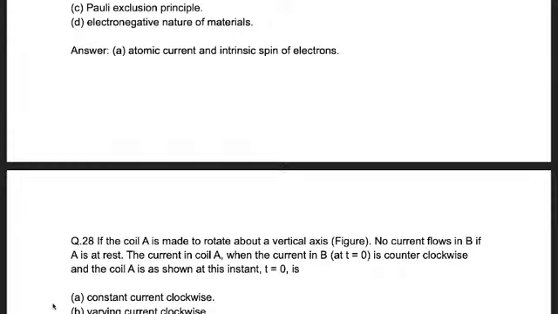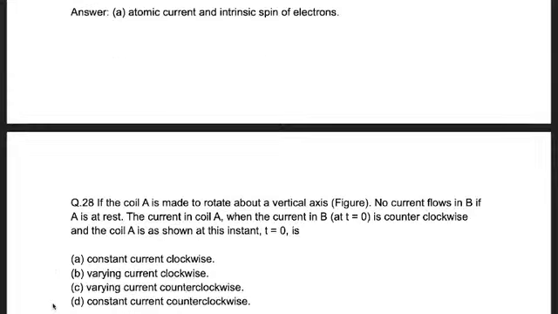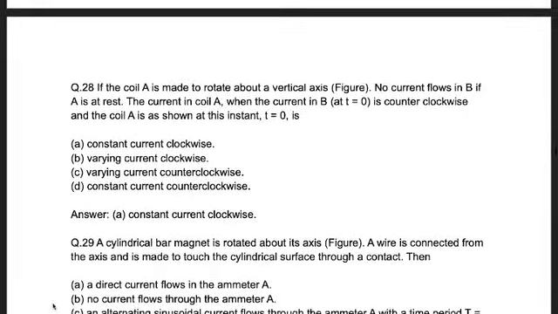The current in A at t equals 0 is, options are A. Constant current clockwise, B. Varying current clockwise, C. Varying current counterclockwise, D. Constant current counterclockwise. Correct. The answer is A. Constant current clockwise.